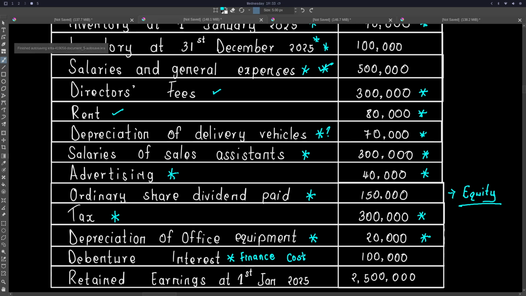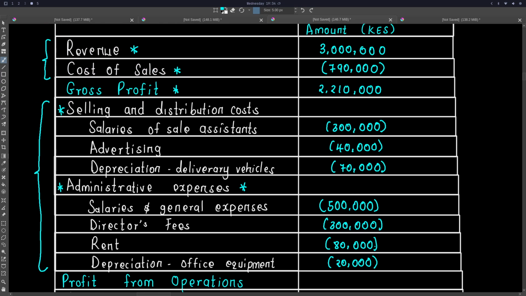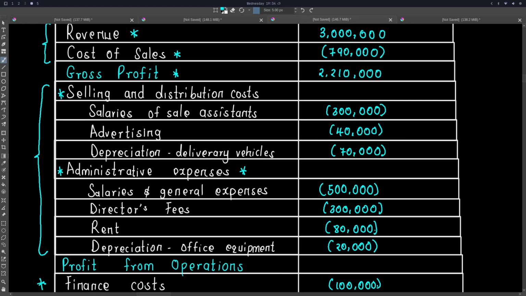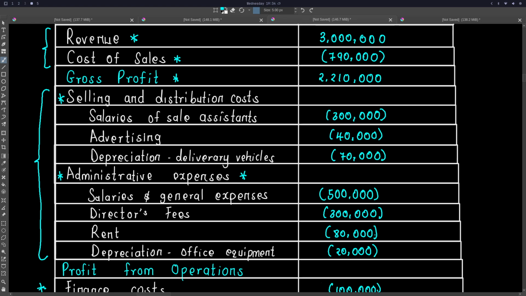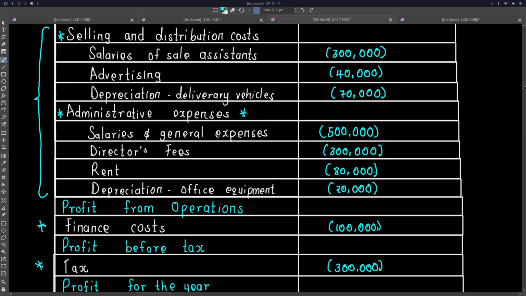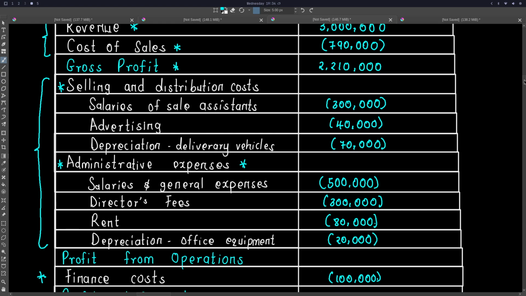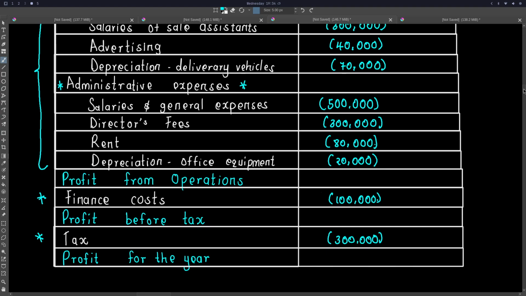So we usually deduct it after we have gotten our profit from operations, because our profit from operations is basically how much we have sold less the cost that we have incurred in the process of earning this revenue. But you see, this finance cost is basically coming from a loan that we have, which has nothing to do with our revenue. It just came in maybe to add more money into the business, right? So we usually less it after.